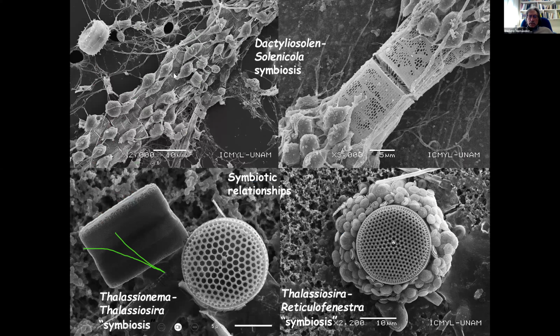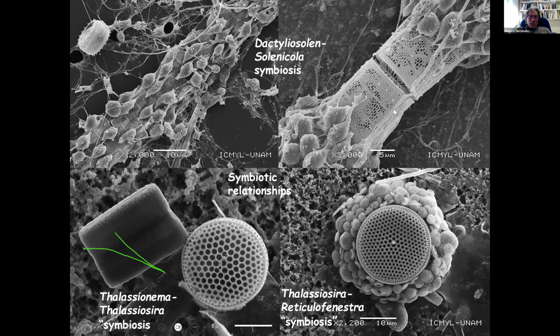Right. Along this study, we found different symbiotic relationships with Dactylosolen and Solenicola symbiosis. You can see the diatom. It's completely covered by this Solenicola. See, this is more dramatic.